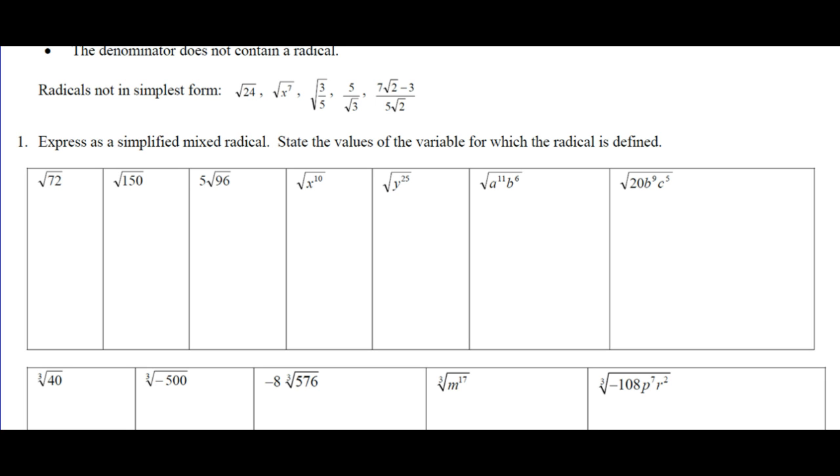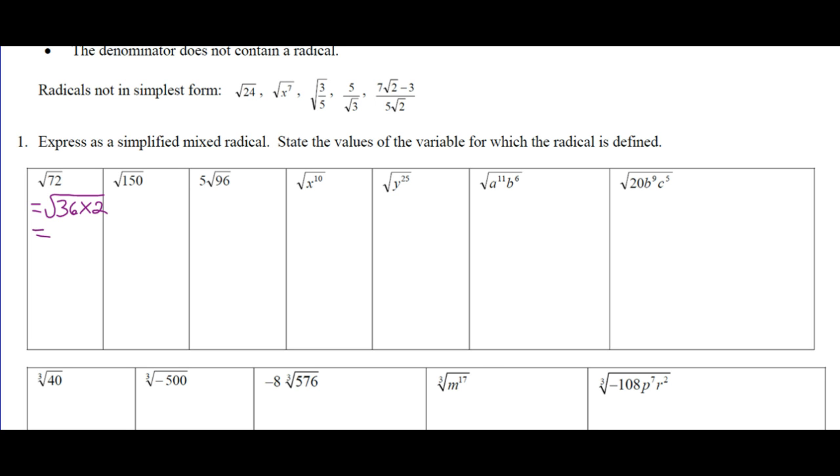36. So I'm going to rewrite root 72 as the root of 36 times 2. All I'm doing is factoring 72 underneath the radical sign, writing it as a product of two numbers, one of which is a perfect square. And then we split this.